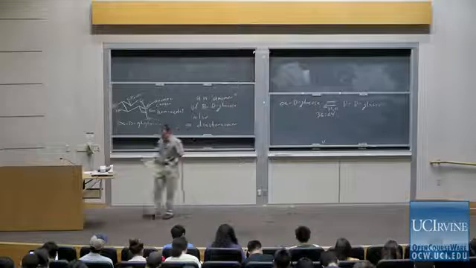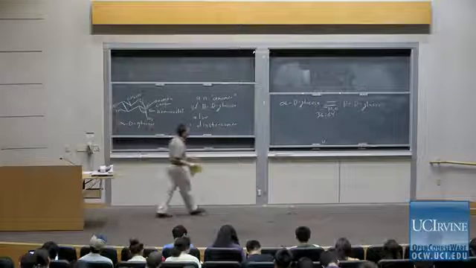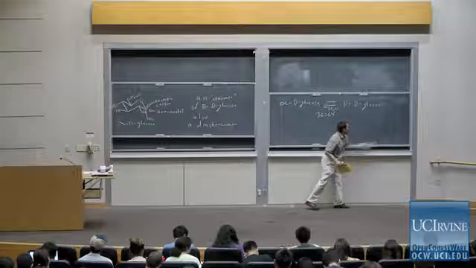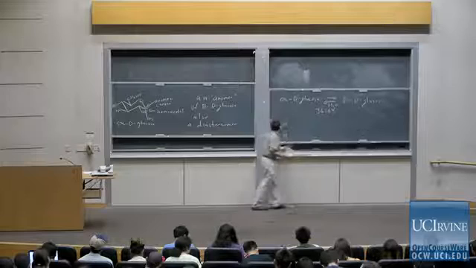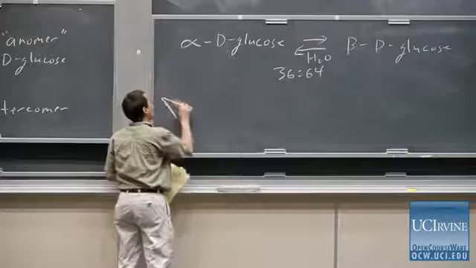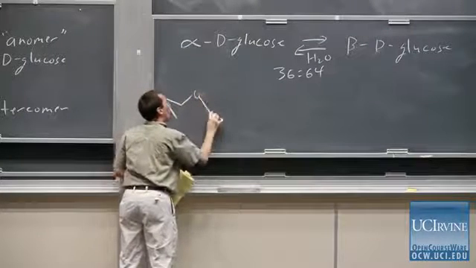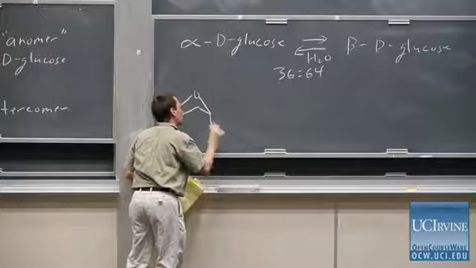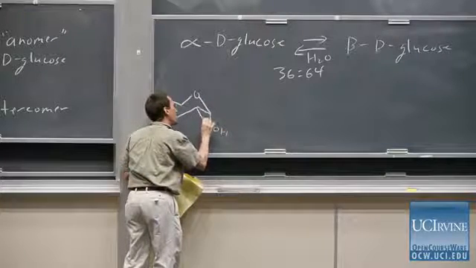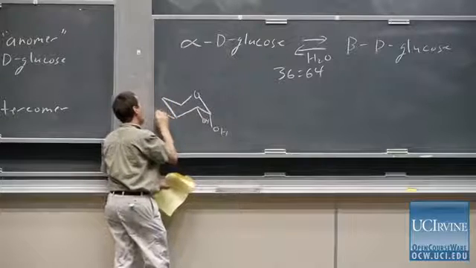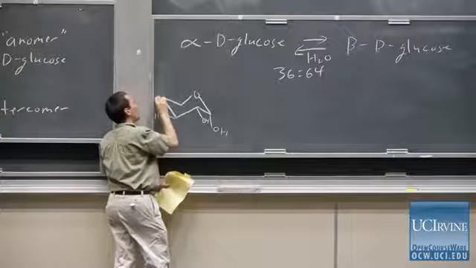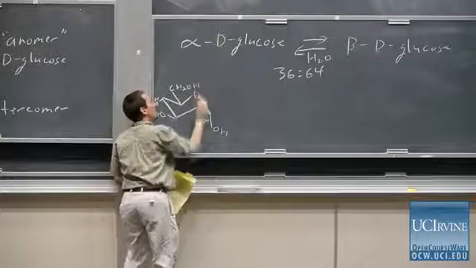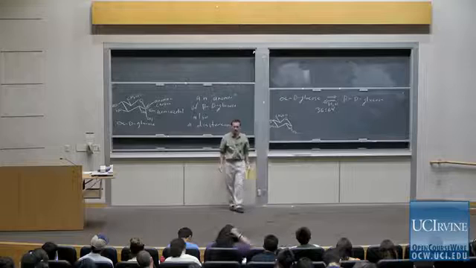And I want us to think ourselves through this interconversion process, and I'm going to sketch it out here in our mind's eye. So I'll start with alpha D-glucose. We're not going to write a detailed mechanism. I'm hoping that by this point you are on top of carbonyl chemistry enough to be able to work through the mechanism.